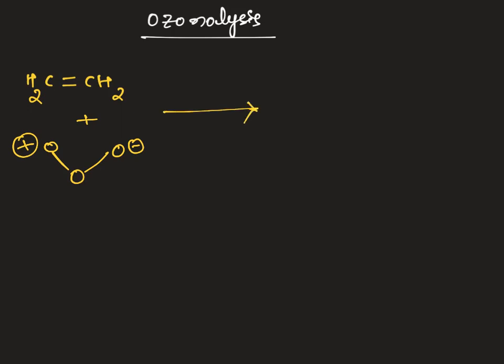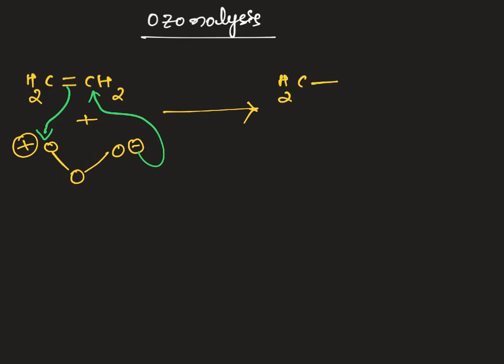Here the pi bonded electrons are shifted to this oxygen, because this oxygen is positive and electrophilic in nature, and this oxygen is nucleophilic in nature. This is shifted to here. As a result, it forms molozonide.